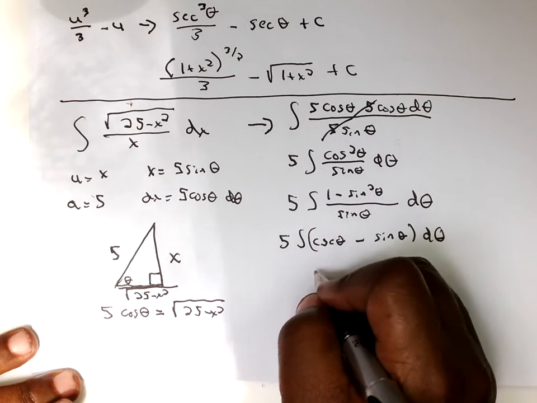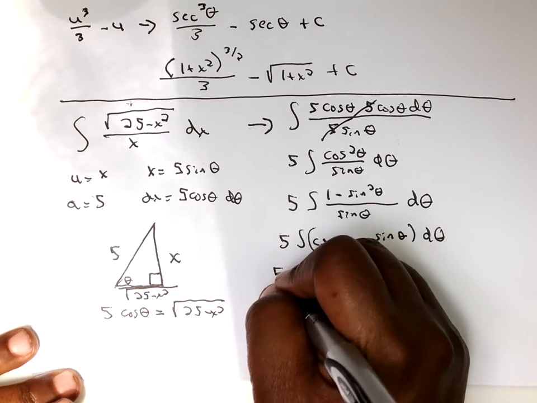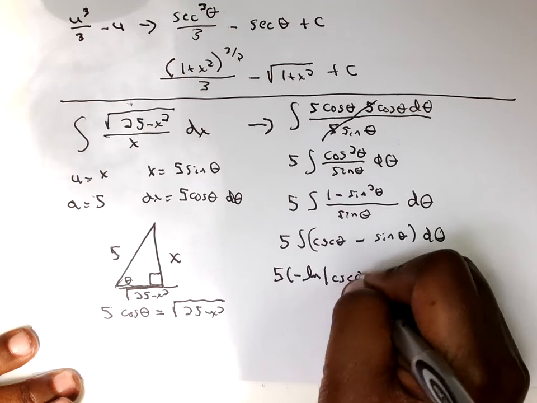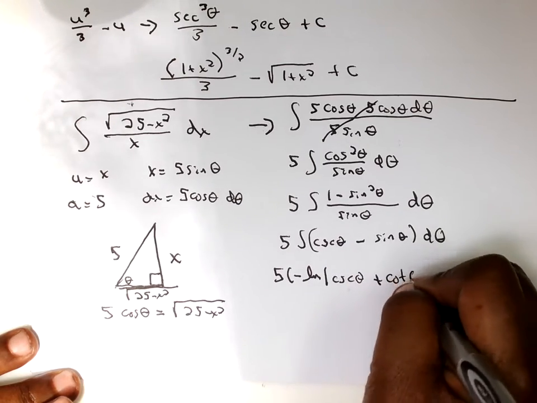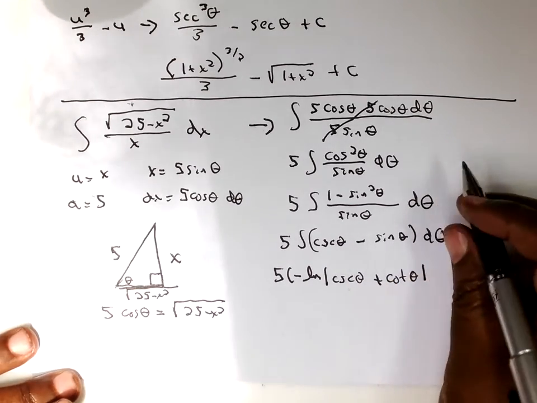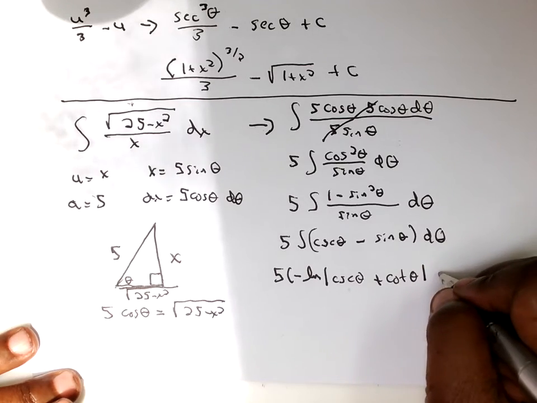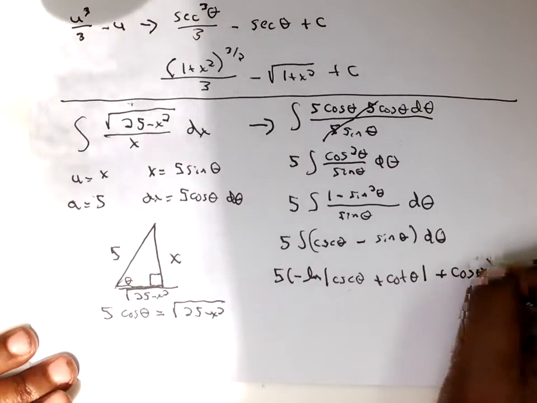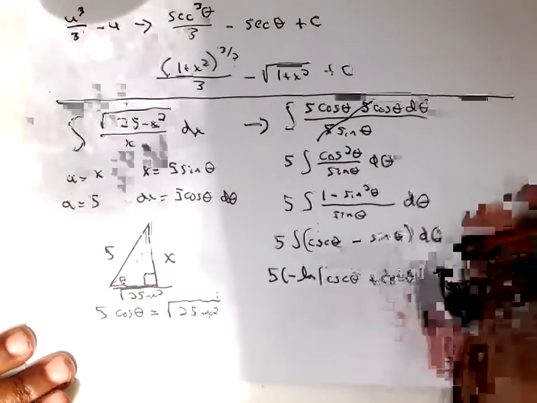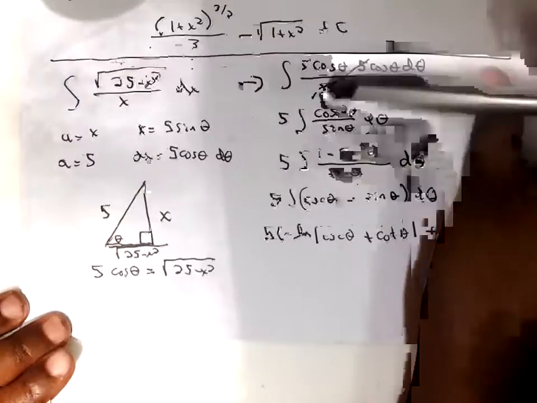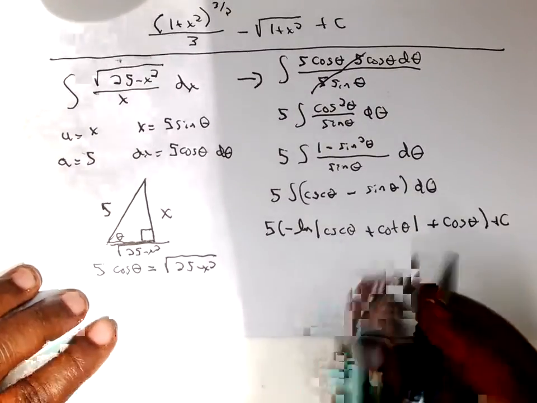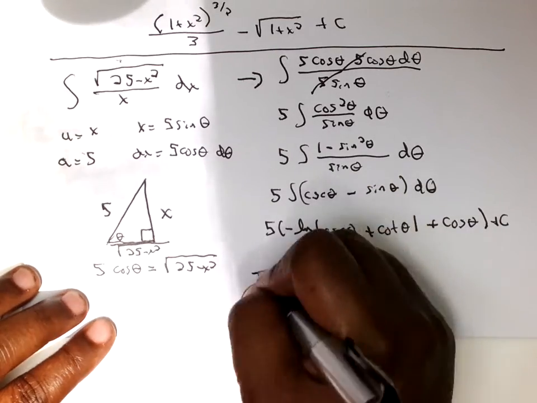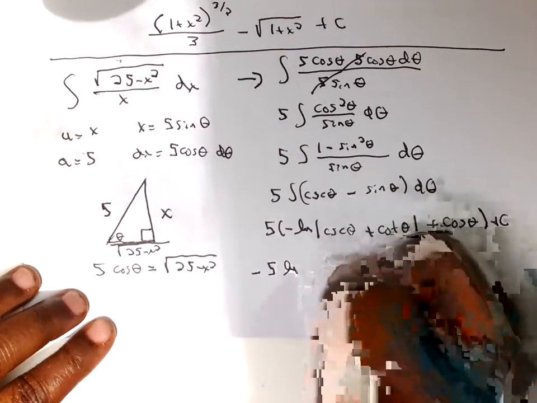So the integral of cosecant is negative natural log of cosecant theta plus cotangent theta in absolute values. And the integral of negative sine is just cosine theta. And then we have to distribute that 5, but we can do that. I want to start back substituting. So we get negative 5 natural log cosecant.